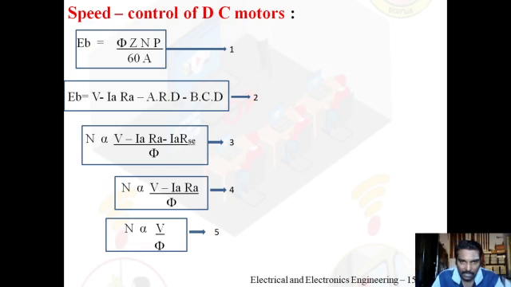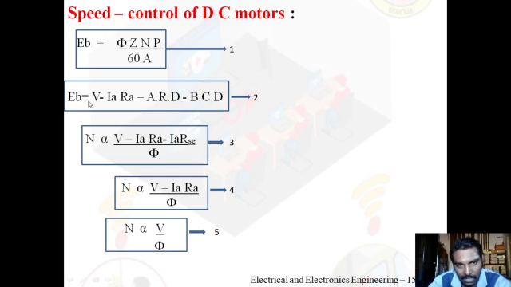For that, we need to take the help of some equations. The second equation is EB is equal to V minus IaRa minus ARD minus BCD, which we got by applying KVL to the outer loop of the DC shunt motor circuit diagram.